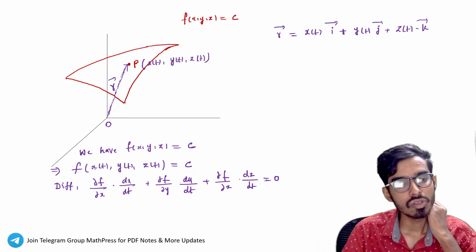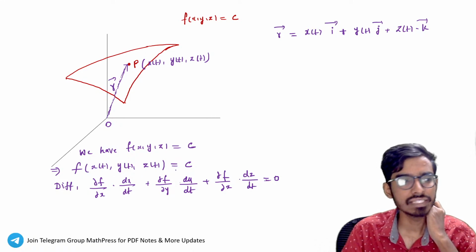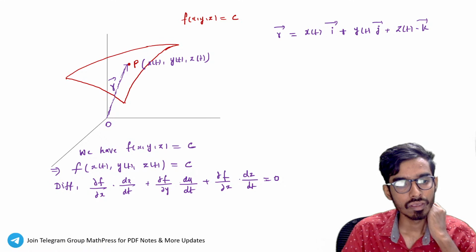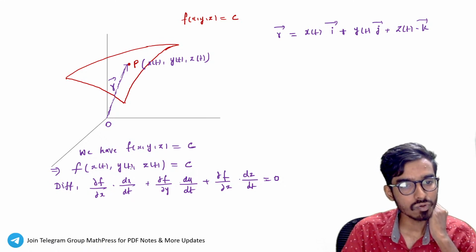I'm using the chain rule. So x is a function of t. This is the normal chain rule that we come across in 12th standard. So we have ∂f/∂x dx/dt, ∂f/∂y dy/dt, ∂f/∂z dz/dt, right? Okay.